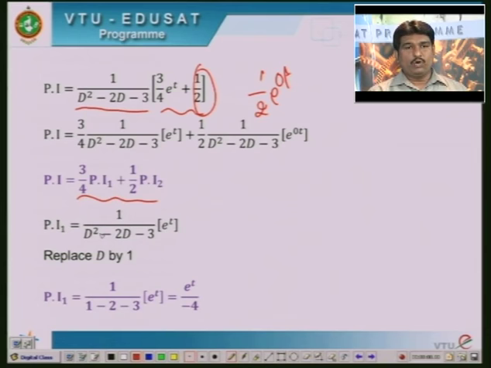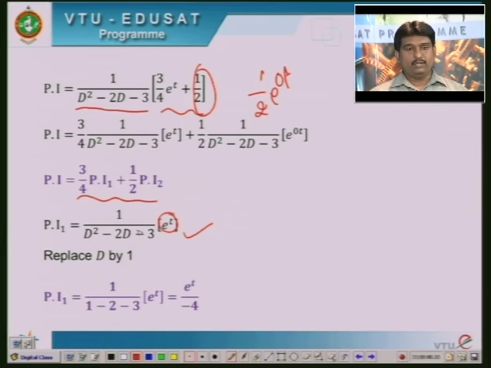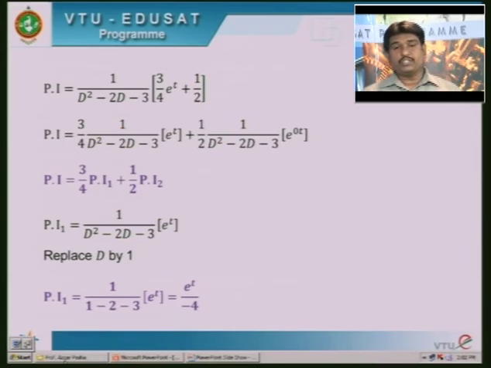PI1 is 1 divided by D² − 2D − 3 operated on e^t. It is type 1. According to type 1, we have to replace D by a, where a is the coefficient of t here, which is 1, provided the denominator is not equal to 0. If we replace D by 1, we get e^t/(1 − 2 − 3), which equals e^t divided by −4.